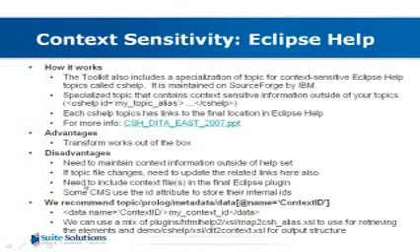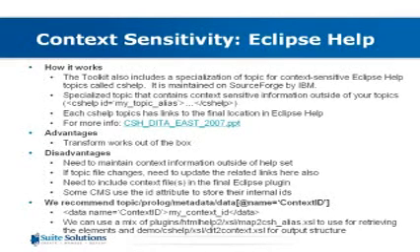For context sensitivity in Eclipse help, IBM is maintaining on SourceForge something called the CS Help plugin. It's a plugin specifically built for maintaining context sensitivity information. They didn't seem to want to change your topics.